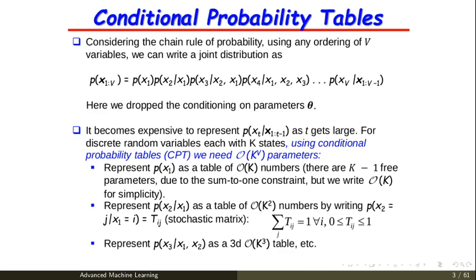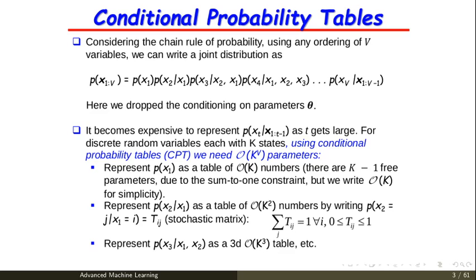Okay, this expansion is very expensive to do. If you just look at this, if you have, let's say, k values for each variable x, and you have v of those, then this will require a table of the order of k raised to v.